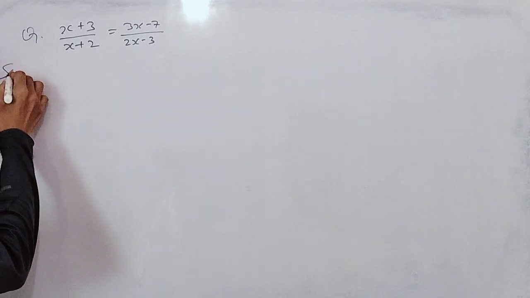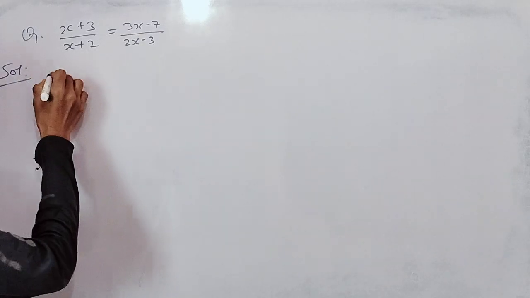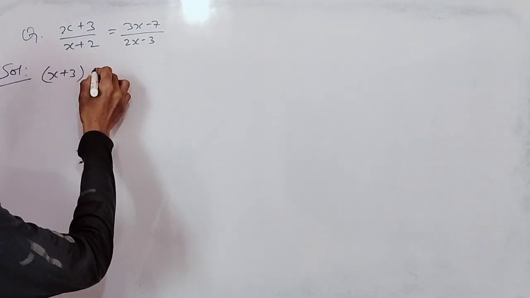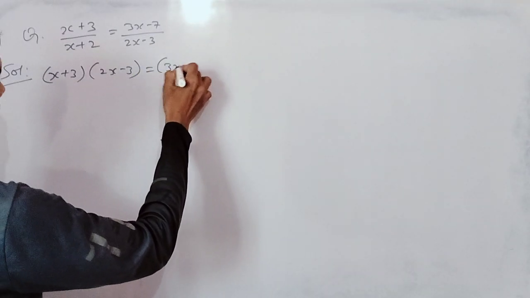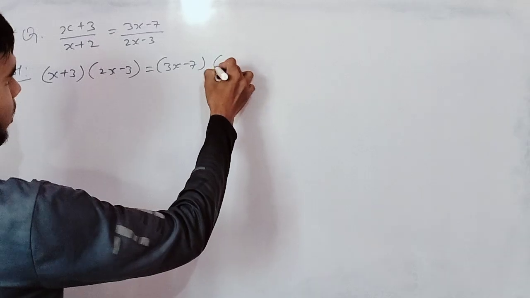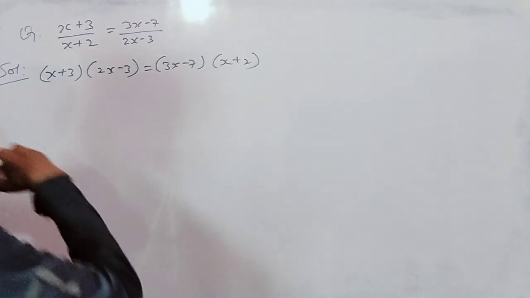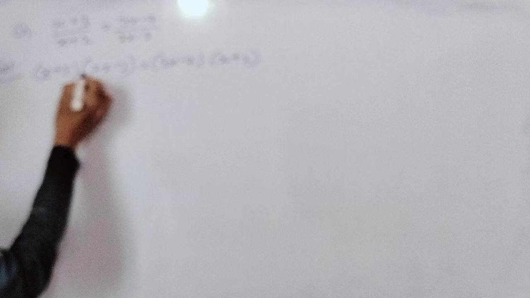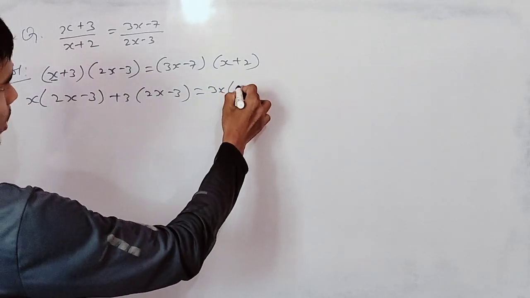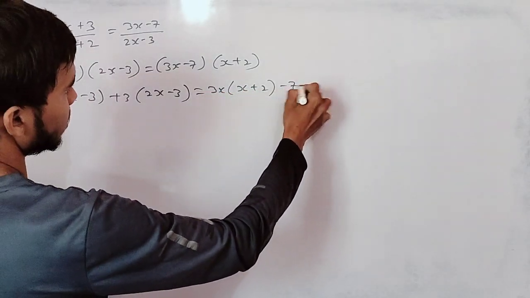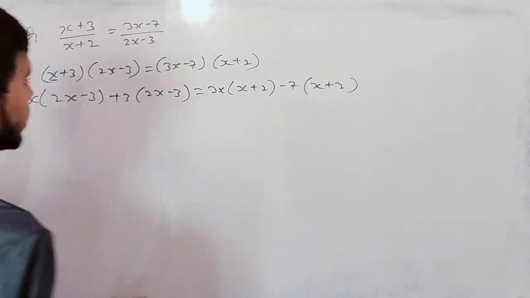Here you can see, x plus 3 into 2x minus 3, and 3x minus 7 into x plus 2. Clear here? As we know, we will multiply this by this bracket: 2x minus 3, plus 3, and outside 2x minus 3, then 3x times x plus 2 minus 7 times x plus 2. Here it is correct.